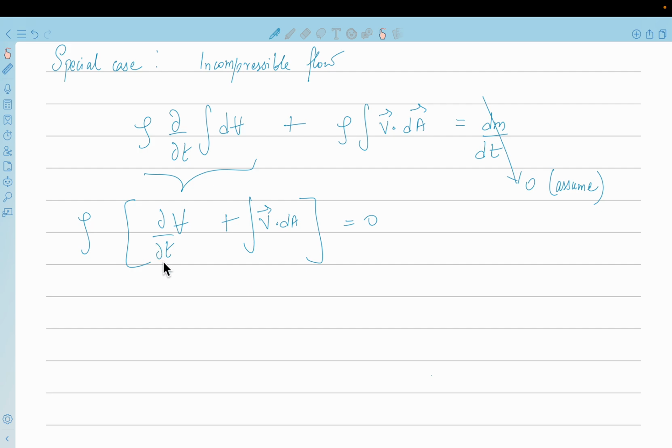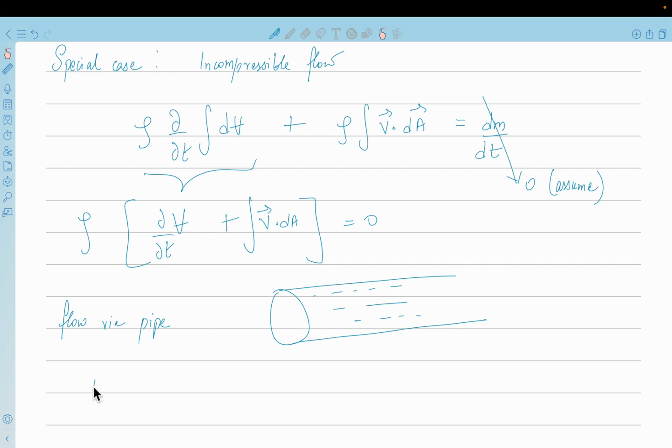What about ∂/∂t of volume? Let's say I have a system where you cannot change the volume. For example, if you have flow through a pipe, no matter what, your fluid is going to go in this pipe, it is going to fill throughout the pipe, the volume is not going to change.